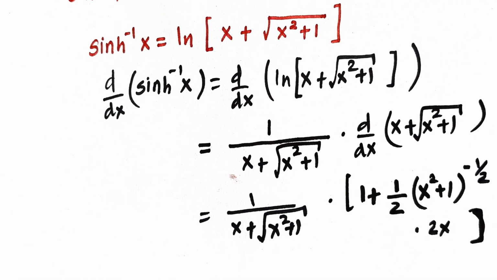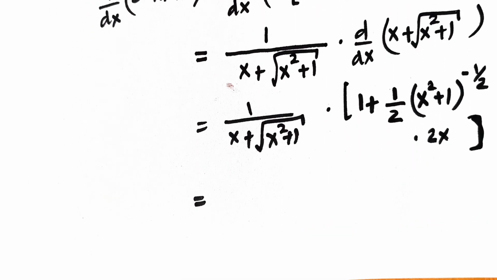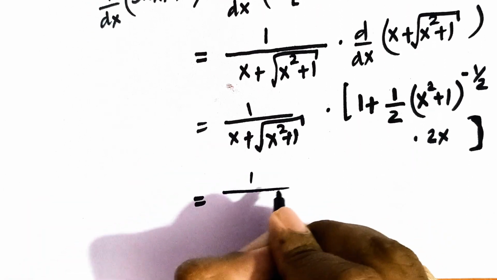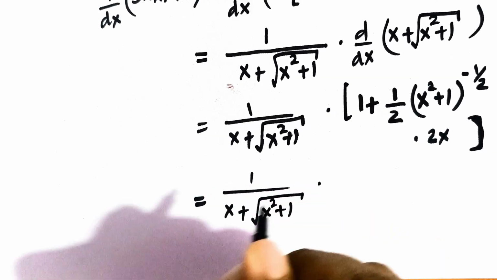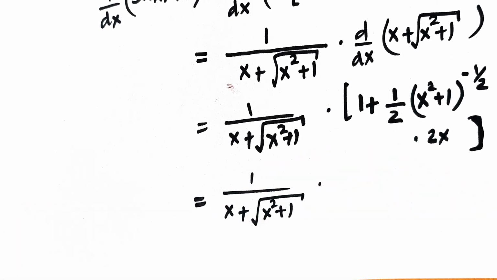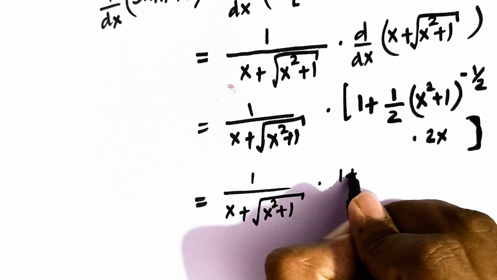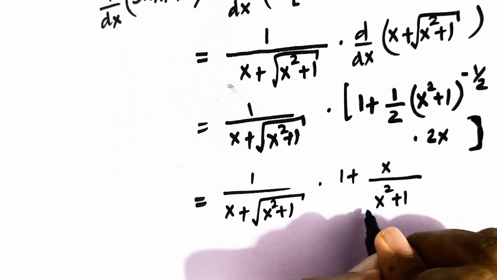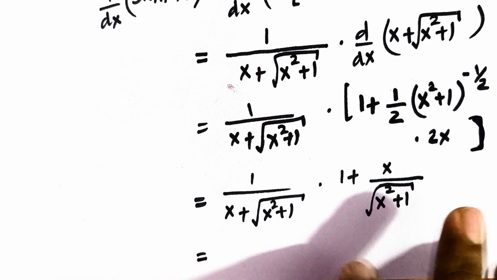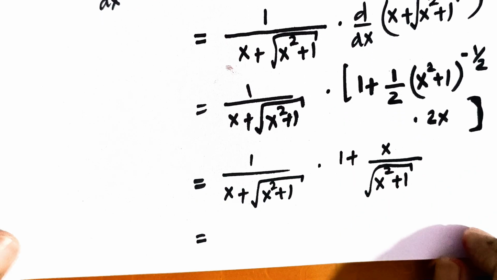So what we have is 1 over x plus square root of x square plus 1, then 2 gets cancelled, so we have 1 plus x over square root of x square plus 1. What do we have?